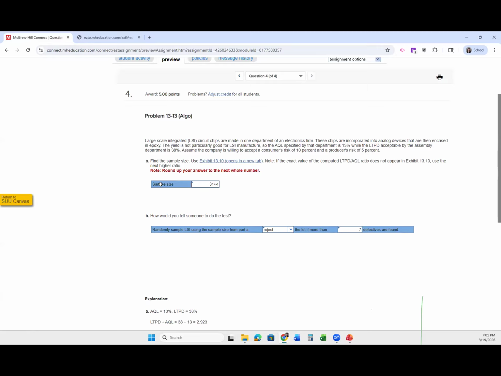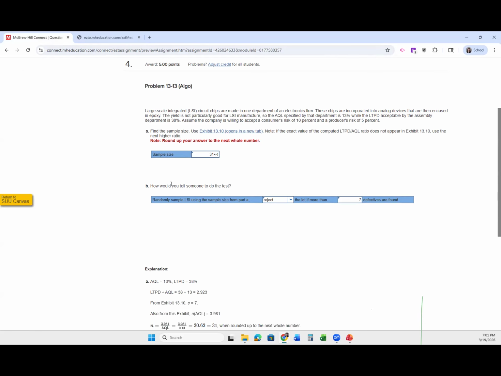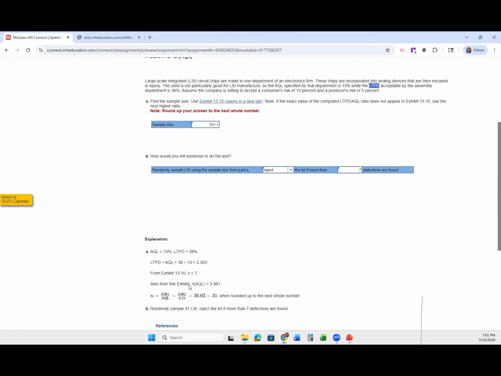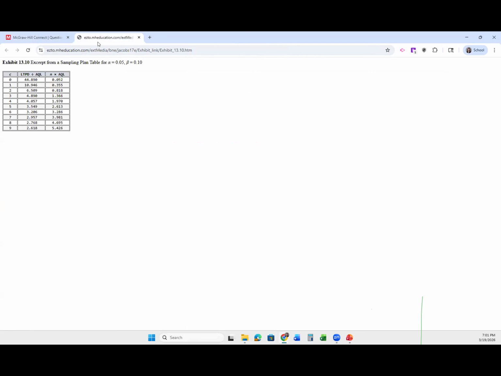So this is asking you about the sample size. How do you find the sample size? You just need to find N, the number of samples. We have AQL and we have LTPD. The first step is to use LTPD divided by AQL, then you will get this number. Why do we need to find that?